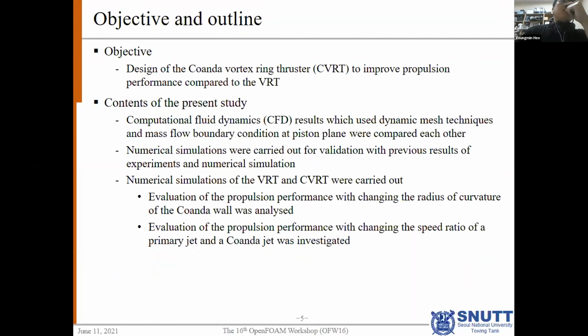Numerical analyses are carried out for validation with previous results of experiments and numerical simulations. Numerical analysis of VRT and CVRT is carried out. First, evaluation of propulsion performance with changing radius of curvature of the Coanda wall was analyzed. Second, evaluation of the propulsion performance with changing the speed ratio of the primary jet and the Coanda jet was investigated.